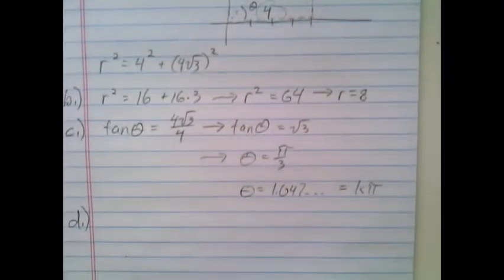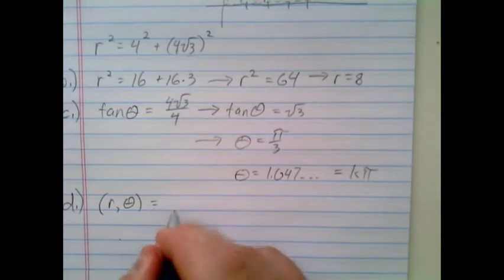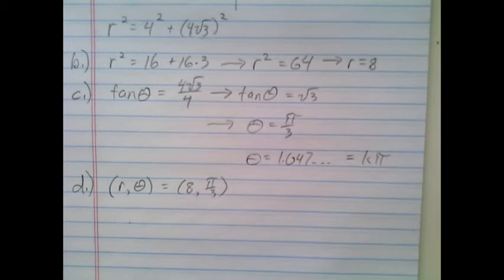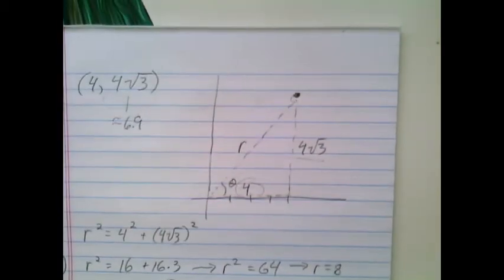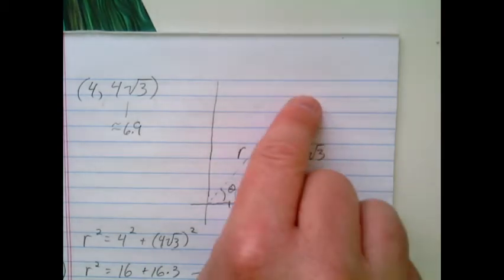So if I gave you those two values, my r value and my theta value, which were 8 and pi over 3, that would actually be just as good as a way of giving you coordinates for this point. So rather than telling you how far to go over and how far to go up, I'm telling you how far to go out and then how far to rotate. So you could almost think of that as, come out a distance of 8 and then rotate pi over 3, and that would get me to the same point.